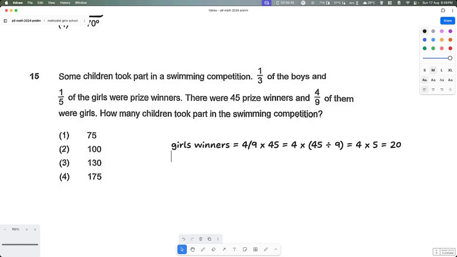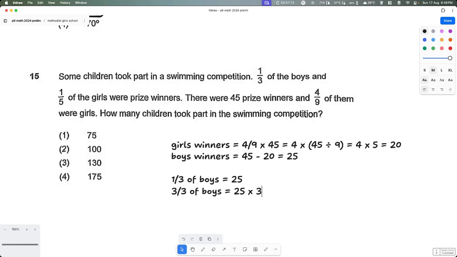Okay, so then what about boys winners? Equal to 45 minus 20, equal to 25. Okay, correct. So then 1/3 of boys is equal to 25. Then 3 out of 3 of boys is equal to 25 times 3, which is 75.